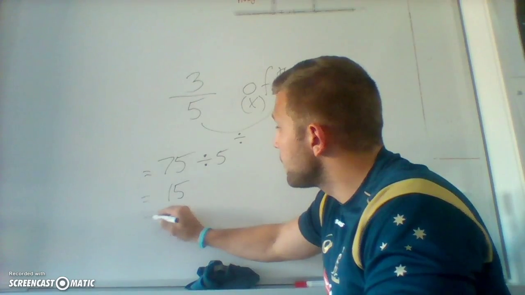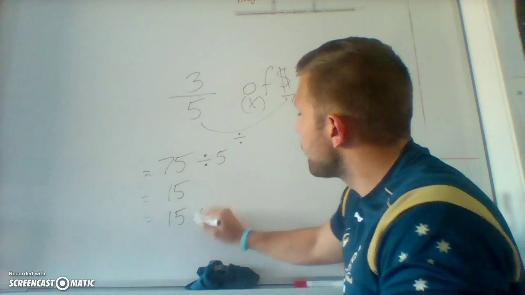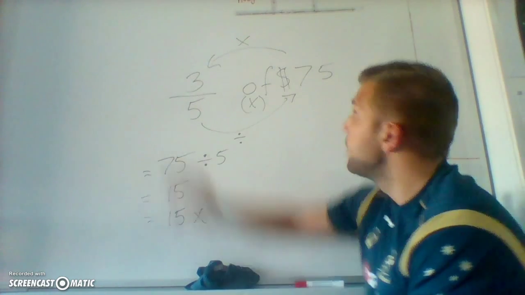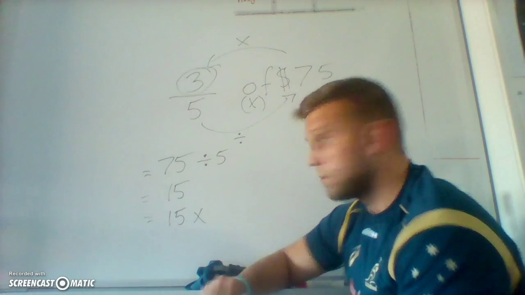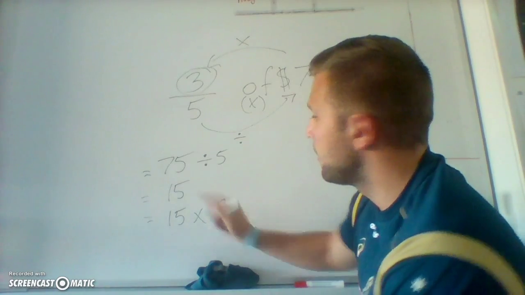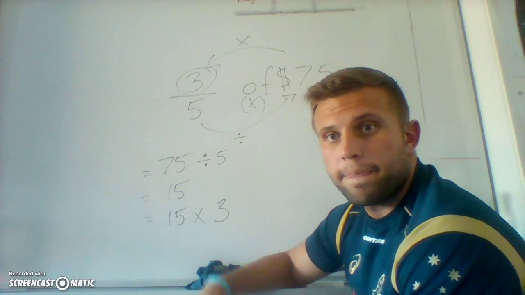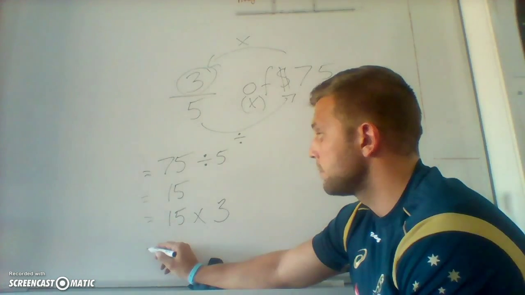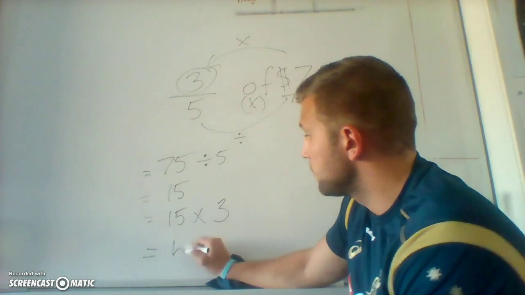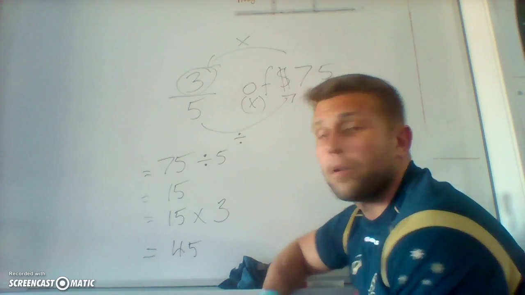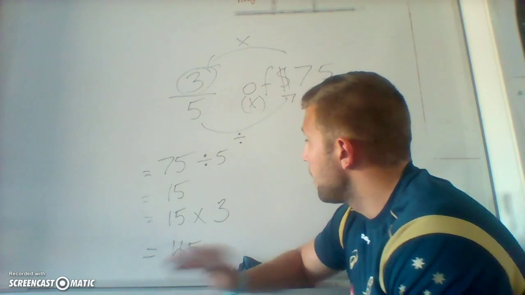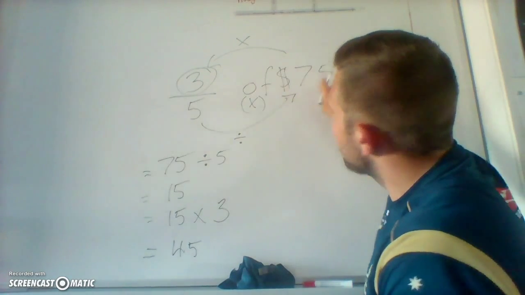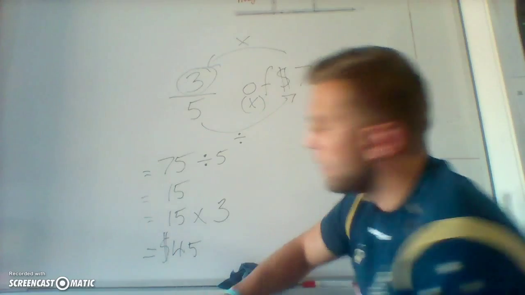Then 15 times 3 is 45. Therefore, 3/5 of 75 is $45.